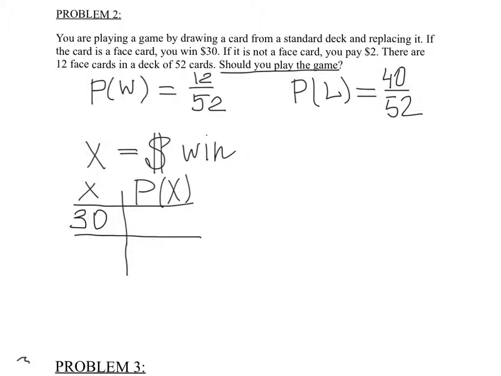Now let's think about how we can express it in terms of x, which is the amount of money we win. Well, we'll do it in a very simple way. We will put a -2, right? So we have kind of a positive win when we actually win money and a negative win when we actually lose money. Okay, now probabilities. So we already calculated that the probability of getting $30 would be 12 out of 52. And 40 out of 52 will be the probability of losing.